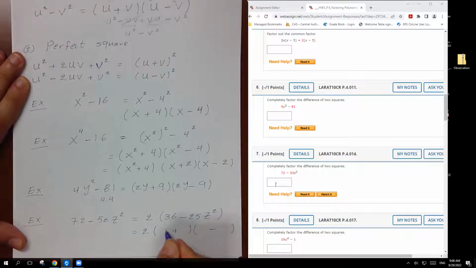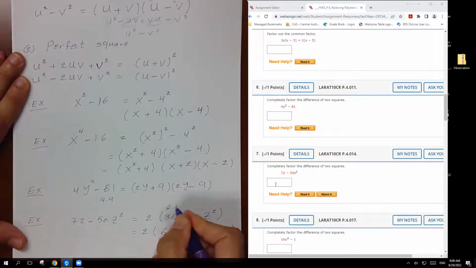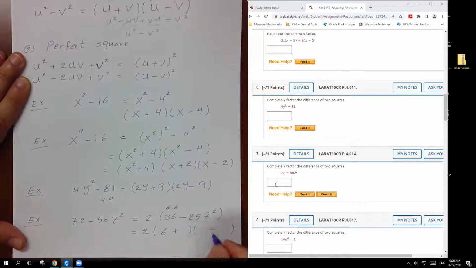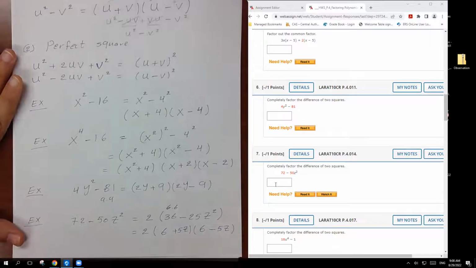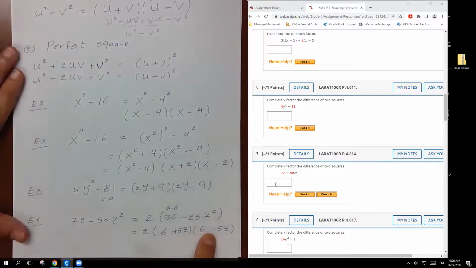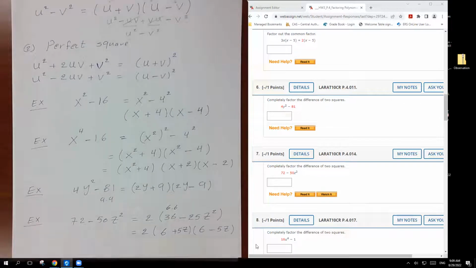The first one, I'm going to write down 6, because 36 is 6 times 6. And 25 is 5 times 5, so 5z here, and 5z there. Check, is that the difference between two squares? No, so that's it. This is going to be my solution. Do not forget the common factor between these two terms. That's it for the sixth one.